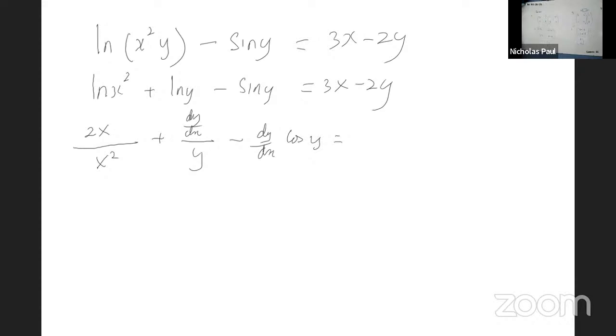So here will be 3. Here will be 3 minus 2 dy/dx.